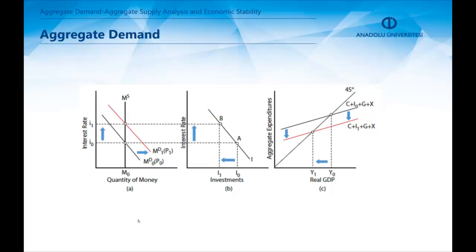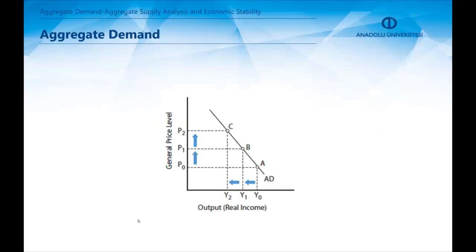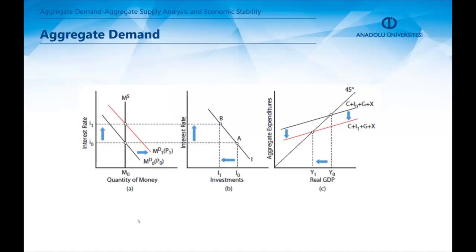Okay. So firstly, of course, we need to understand aggregate demand. To see this negative relationship between the general price level and output, which the AD curve shows, we need to understand the effects of price in the money market. Remember from chapter 5, in the money market, when there is an increase in price, there is also an increase in money demand.